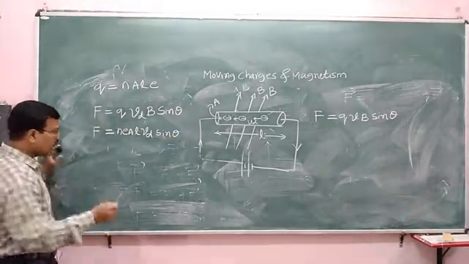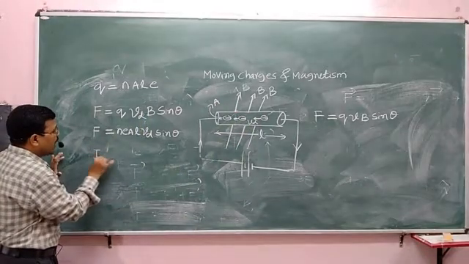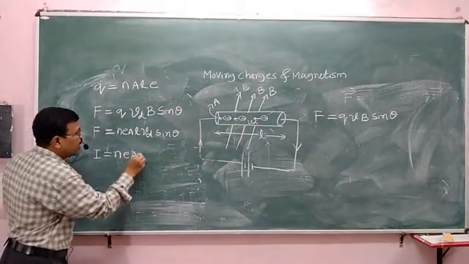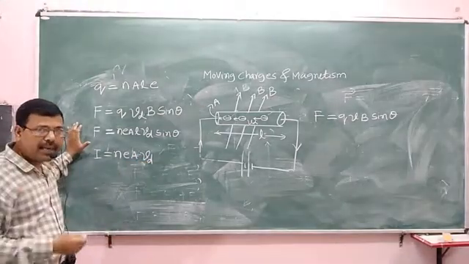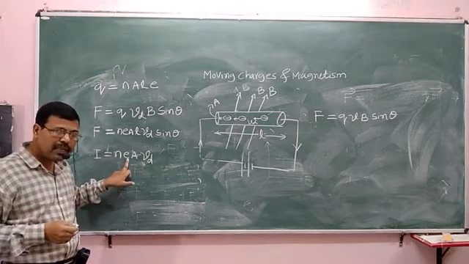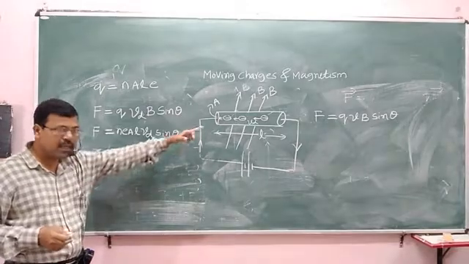As all of us learned, the current that is flowing through the conductor, I is equal to NeAVd. This we learned in the topic current electricity: number density, charge of the electron, cross-sectional area of the conductor, drift velocity of the electron.